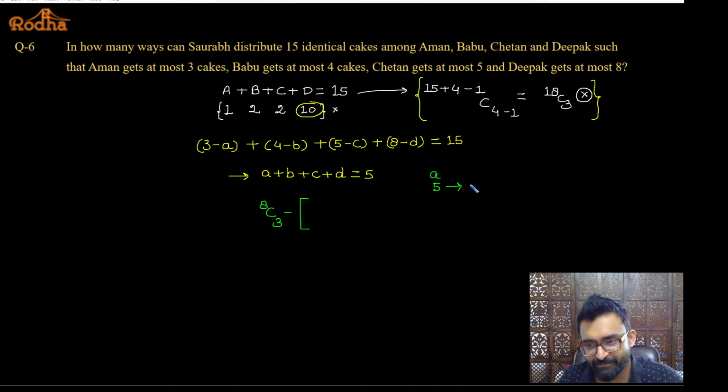Only one case, because the rest of the values are going to be 0. In how many cases A is going to be 4? I am going to subtract those cases. If I give 5 to A, then everything else becomes 0. That will be only one case. A is 4. In how many ways can A be 4? 3 cases. Absolutely correct.